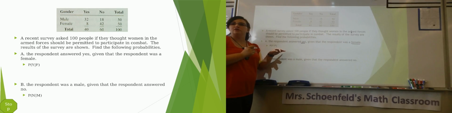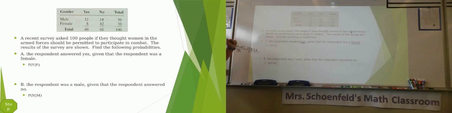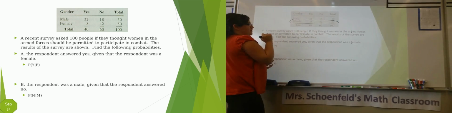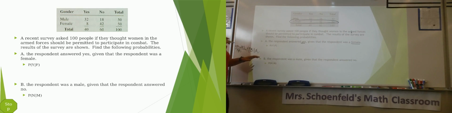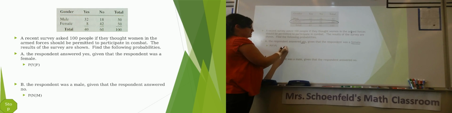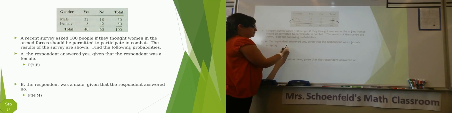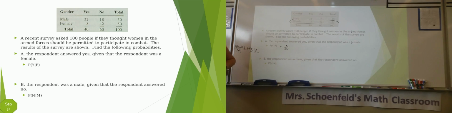They're a little bit easier to look at for these given things. And sometimes I just like to make charts for myself. Okay, so given that the respondent was female, I'm only looking at females. So the yes is like 8 out of 50. I had a total of 8 yeses out of my total of 50 females.